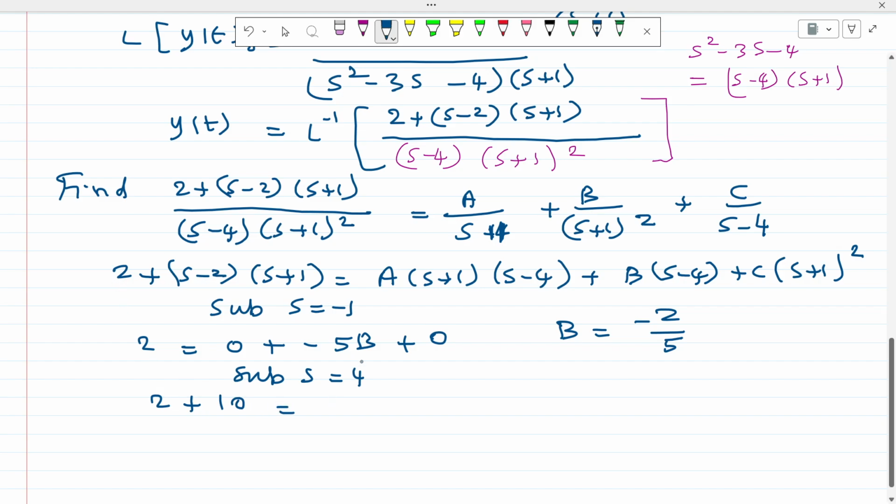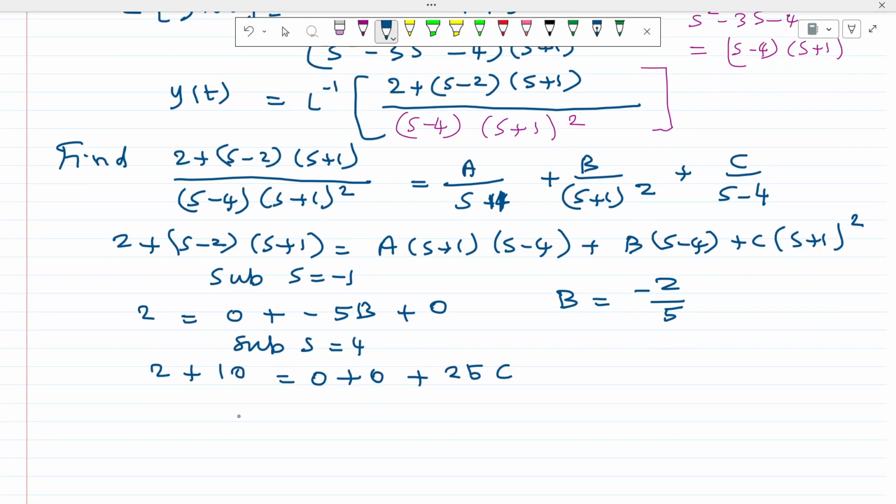That is equal to first term 0, second term 0, third term C into (4 plus 1) whole square, that is 25C. Is it not? Then C equal to 12 by 25. Then what is the A value?